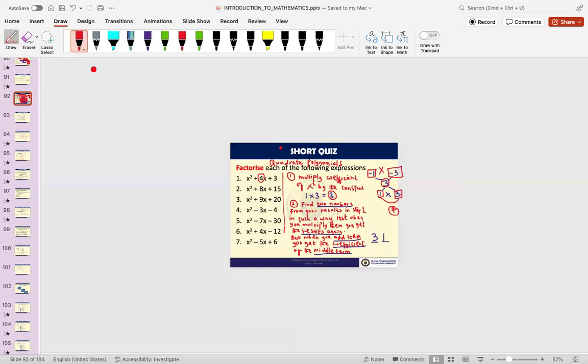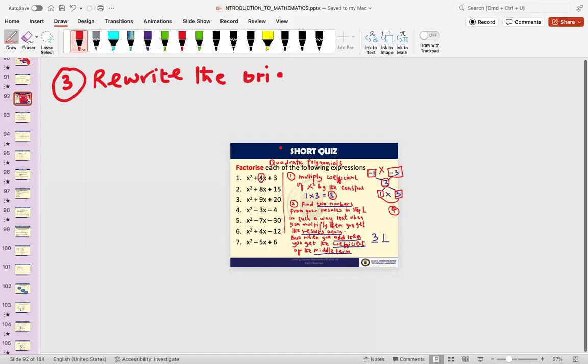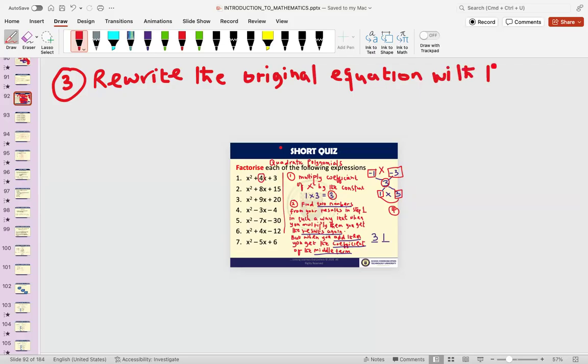The step 3 instruction says rewrite the original equation with the numbers in step 2.